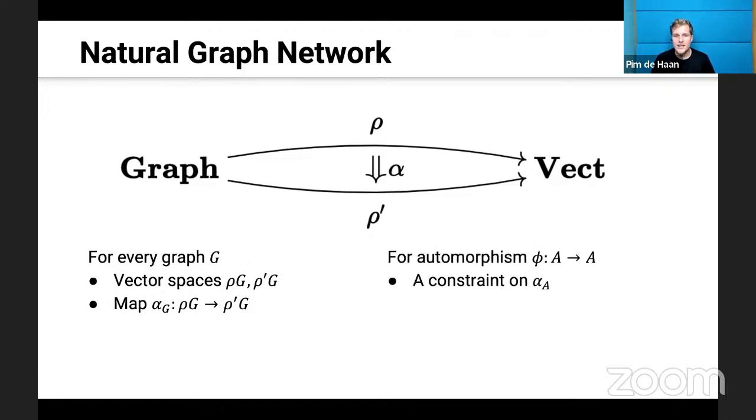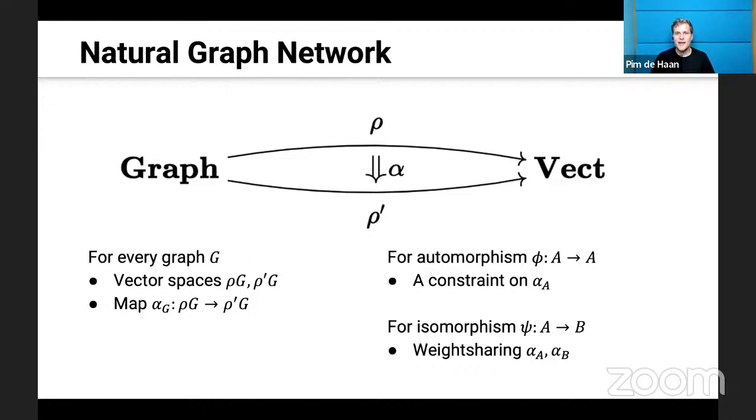And this needs to satisfy constraints, namely for every automorphism of a graph A, we get an equivariance constraint on the component alpha A. And whenever we have an isomorphism from a graph A to a graph B, then we get weight sharing between the component alpha A and alpha B.